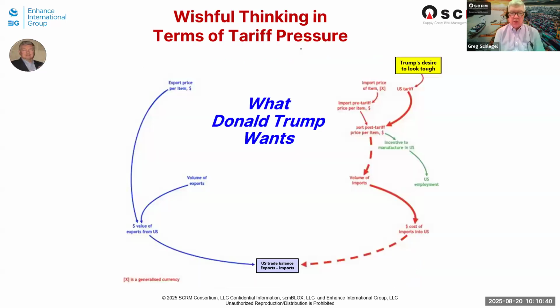We call this wishful thinking in terms of tariff pressure starting in February of this year, or what Donald Trump wanted. So we put this together, and you can see on the top right, the yellow box, Trump's desire to look tough to the world. That fits right in with the man's Art of the Deal book.